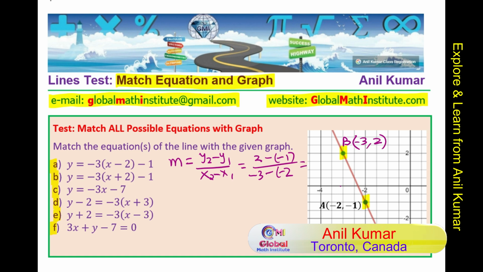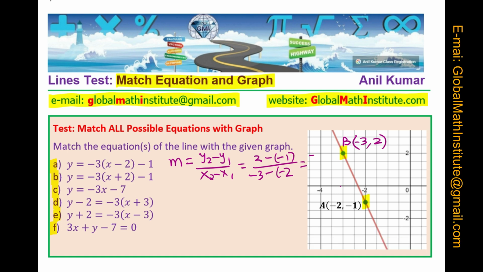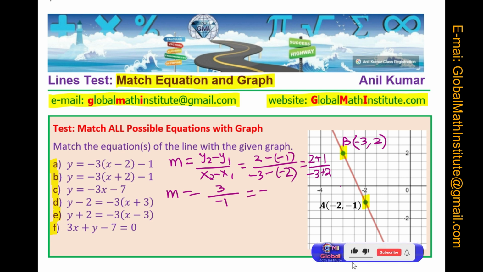And that gives us 2 plus 1 over -3 plus 2. So the slope for the given line is 2 plus 1 is 3. -3 plus 2 is -1, or we can write this as -3.